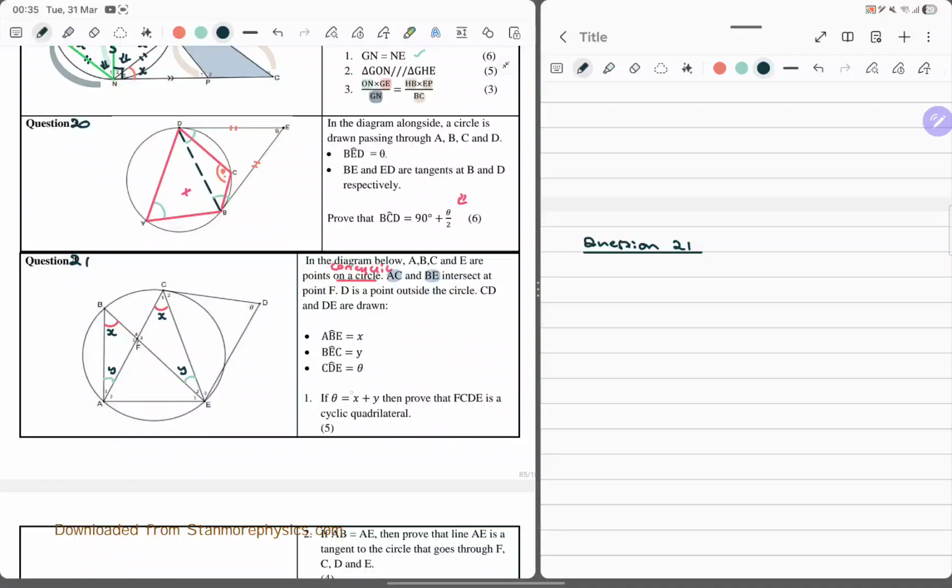It's indicated. Now we are told that if theta is equal to X plus Y, then prove that FCDE is a cyclic quadrilateral. Okay, let's see. So we need to prove that to be the cyclic quadrilateral.